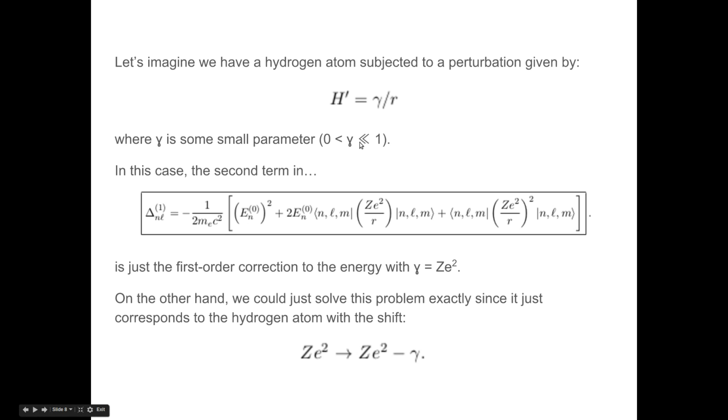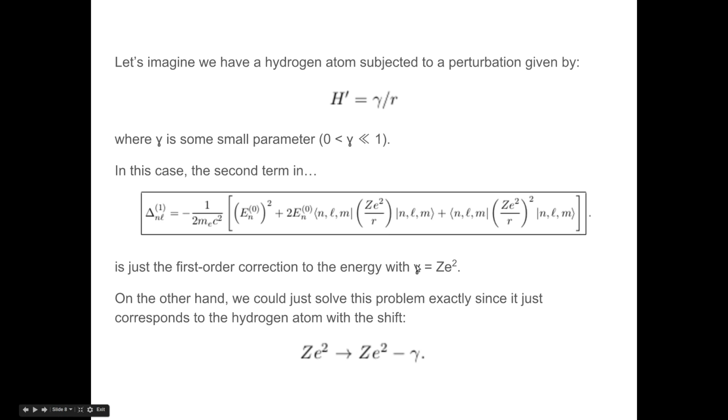So in this case, what we have is that the second term in this thing, I just rewrote from earlier, is the first order correction to the energy where gamma is set equal to ZE squared. So I'm just restating the problem: imagine I've got this hydrogen atom, I introduce some fictitious perturbation, and then I notice that these two terms look the same except gamma equals ZE squared.